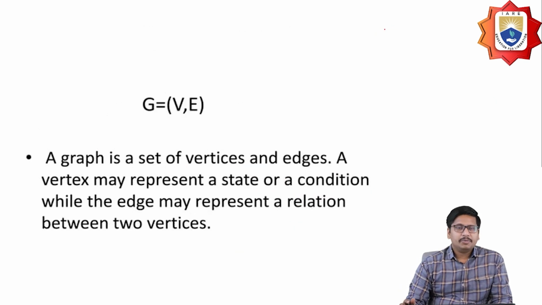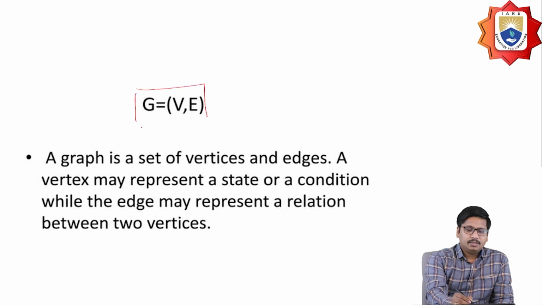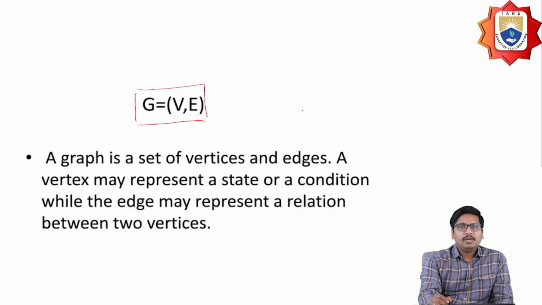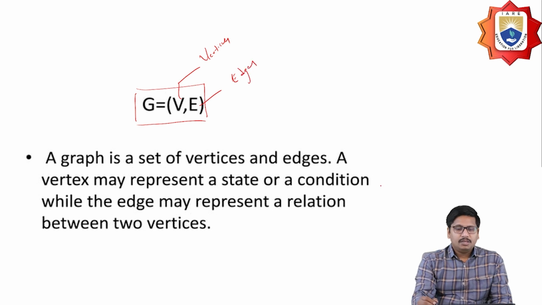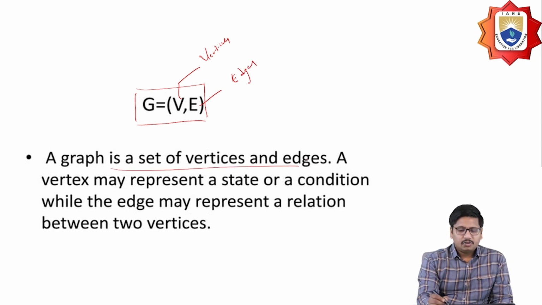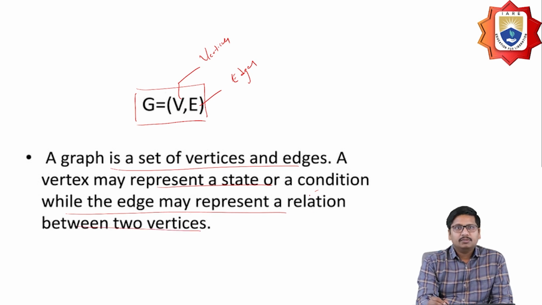Normally, a graph can be represented as G equal to (V, E), where V is the set of vertices and E is the set of edges. So a graph is a set of vertices and edges, and a vertex may represent a state or condition, while the edge may represent a relationship between the two vertices.